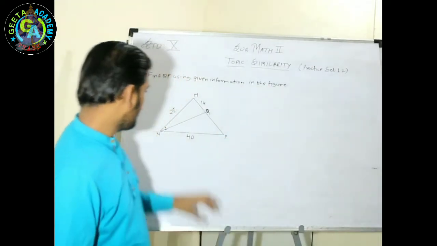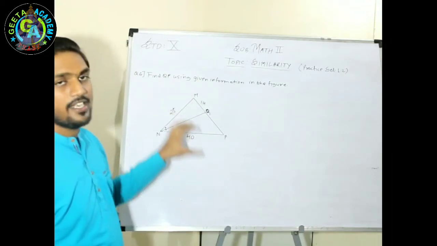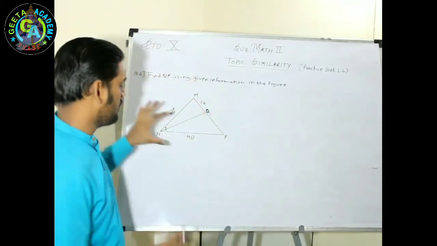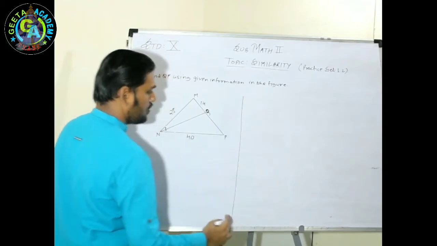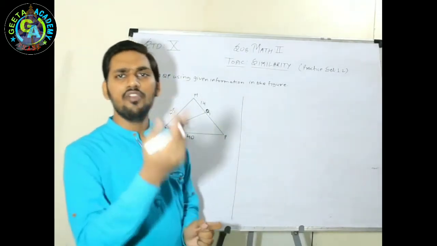As you look at the figure, as we see 2 dots, it means it is the angle bisector. It means this problem is based on the angle bisector property, so we will solve it using the angle bisector property. So what I told, what to write first? First we have to write the statement, which ray is the bisector of which angle.